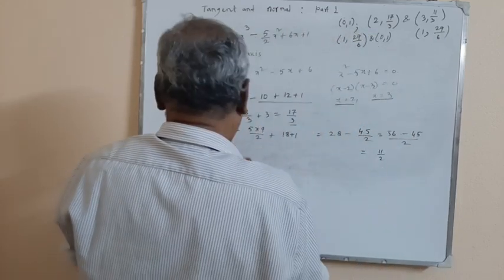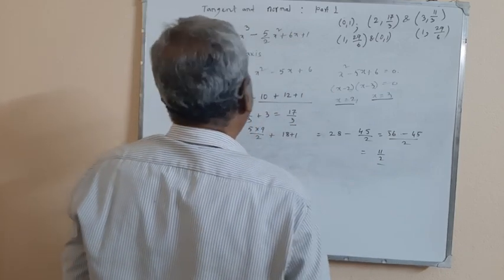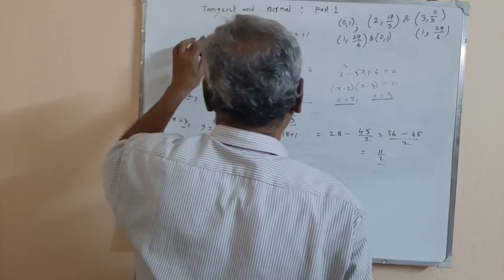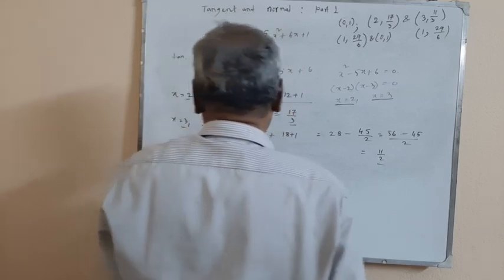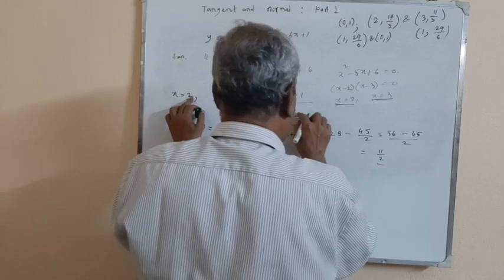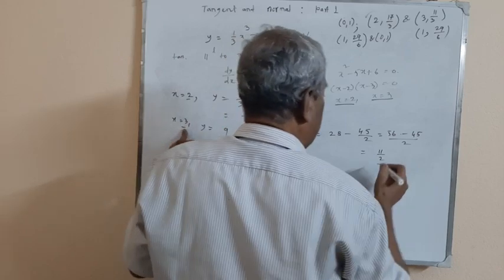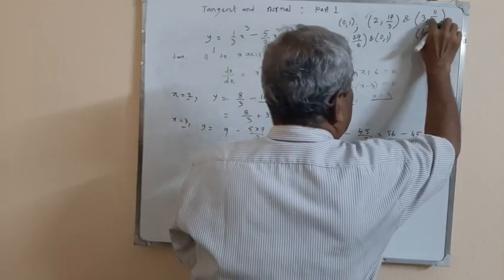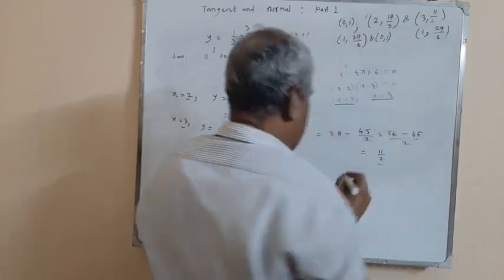So when x is equal to 3, y is equal to that. So the points where the normal is parallel to the y-axis are (2, 17/3) and (3, 11/3). Oh, this is 11/2, sorry. So this is our correct answer.